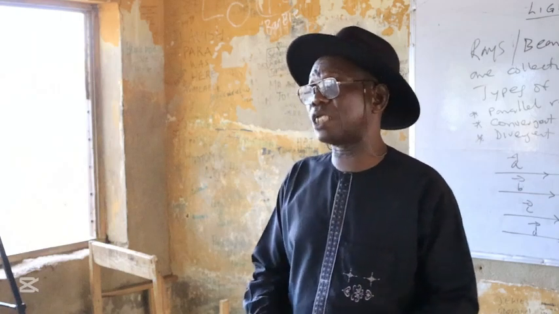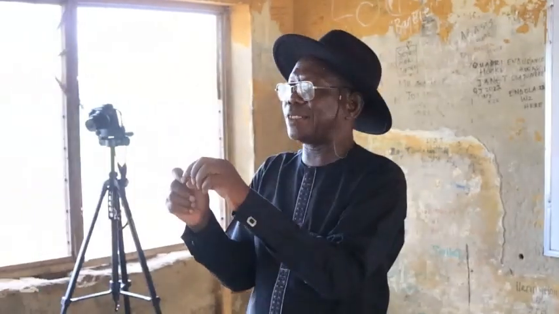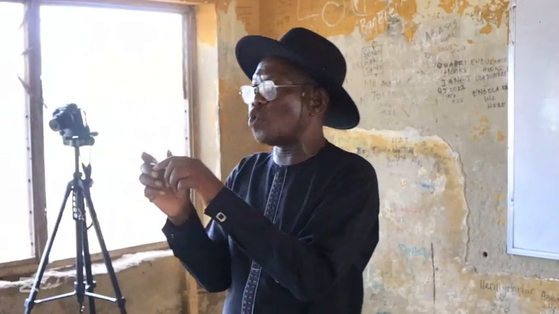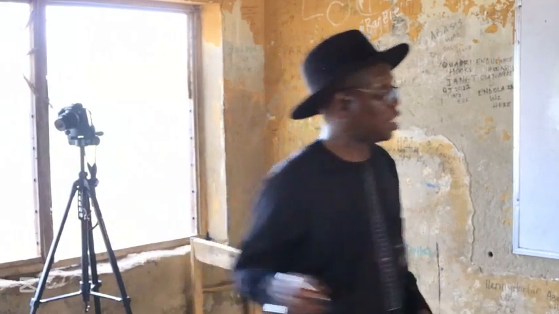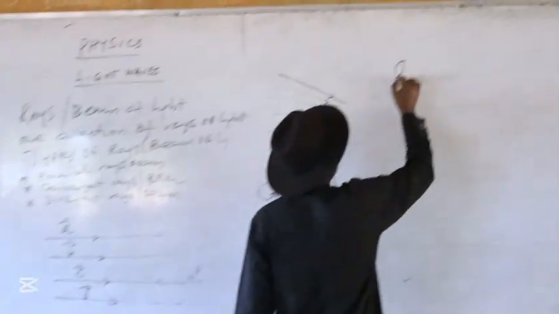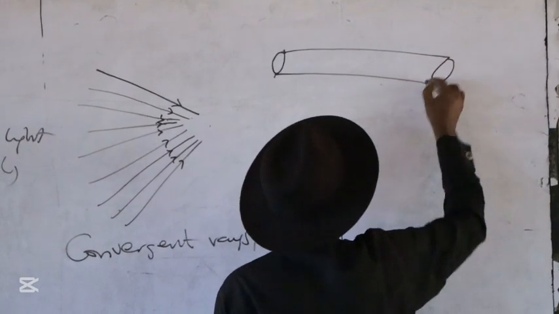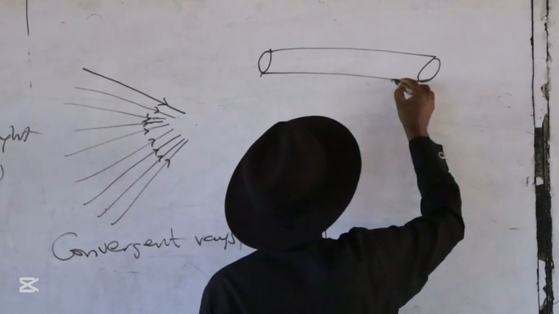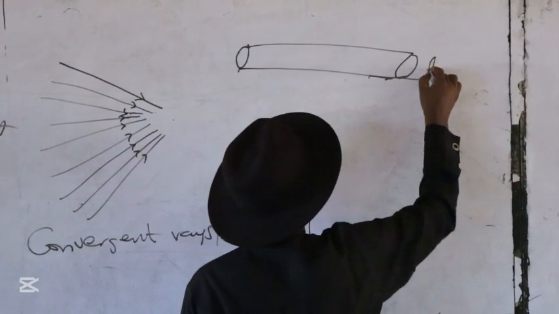Then you now take another cardboard. Bend the cardboard to make a U shape with legs. What I mean is, you make a cardboard straight like this, then you fold it like this. No matter how long the cardboard is, you can put a small candle here and light it.